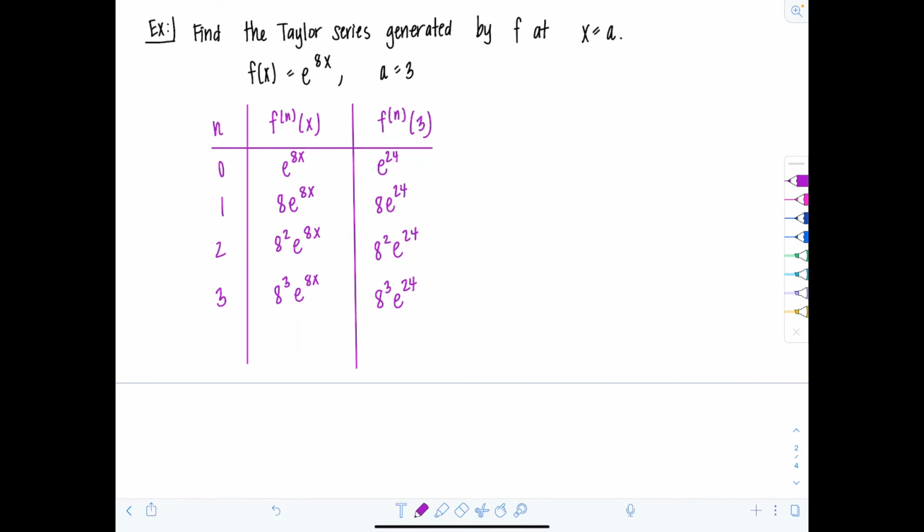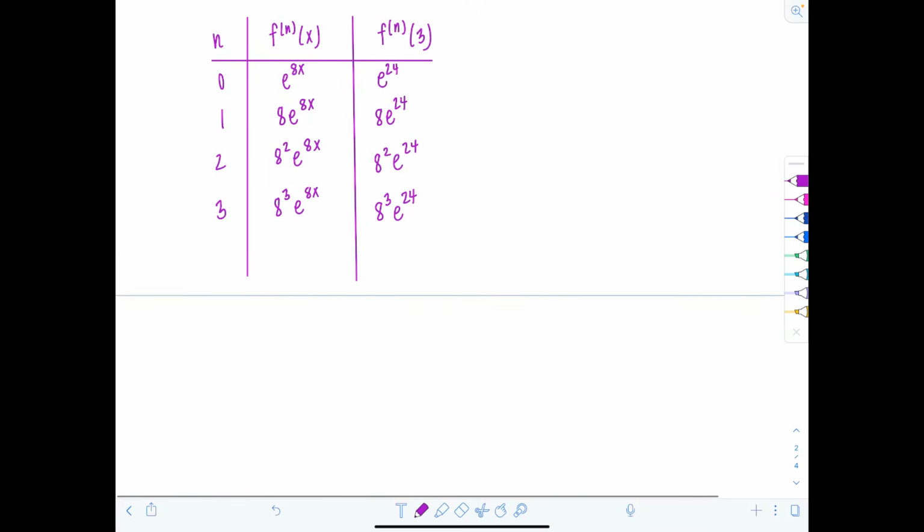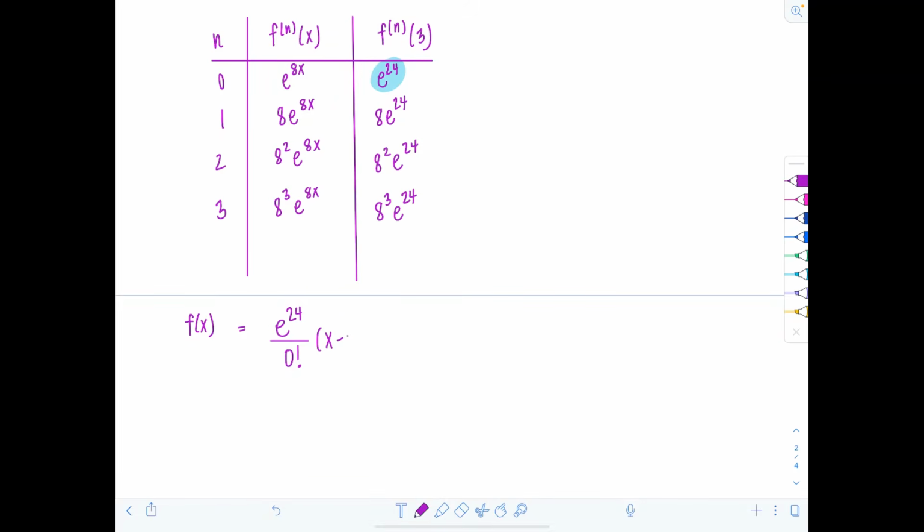All right, so let's start listing out the terms here. So f of x is going to equal, remember this is just one portion, e to the 24th over n factorial. So that's 0 factorial. And then in this case, you're going to have x minus a to the n, so x minus 3 to the n.